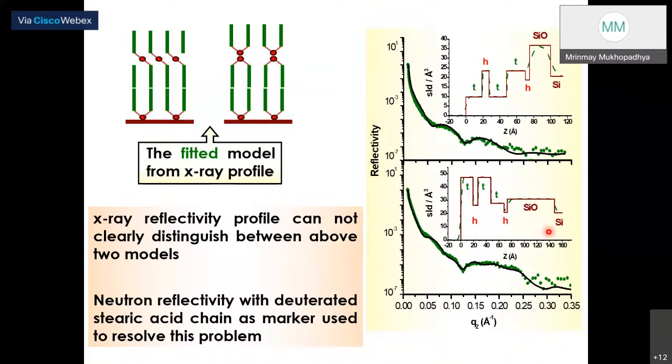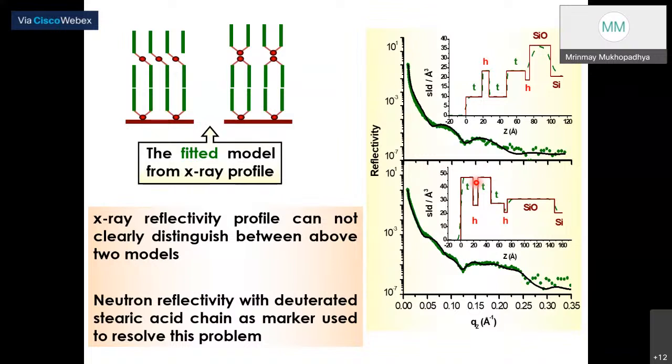You can see that the electron density profile, or the scattering density profile, is being changed. But your mass density profile will remain the same for both films, because mass density is not changing. It is the electron density or the scattering density that is changing because of the deuteration.